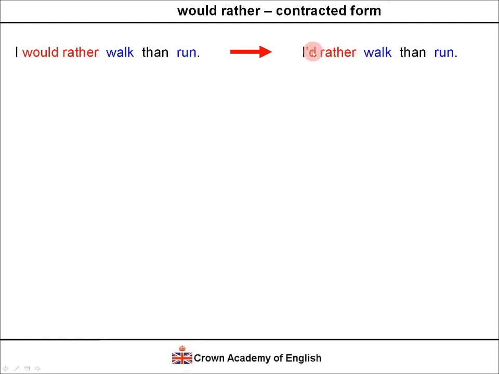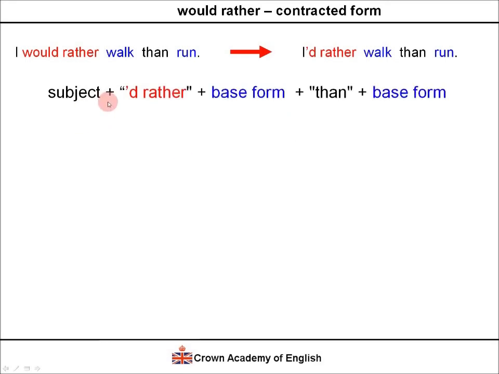We put apostrophe D instead of would, and then we say rather. So the form, when we use the contracted form, is the subject followed by apostrophe D, rather, then the base form, then the word than, and then the base form.